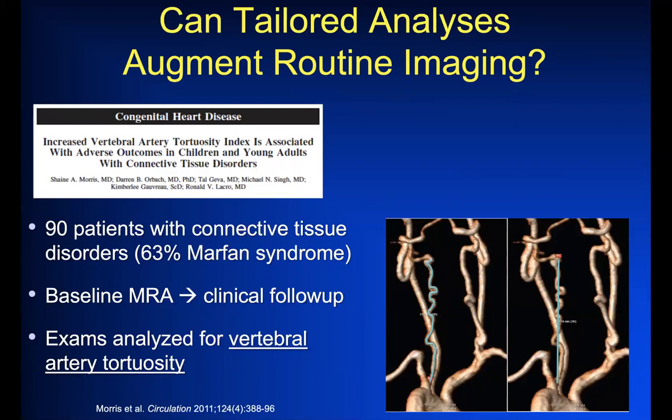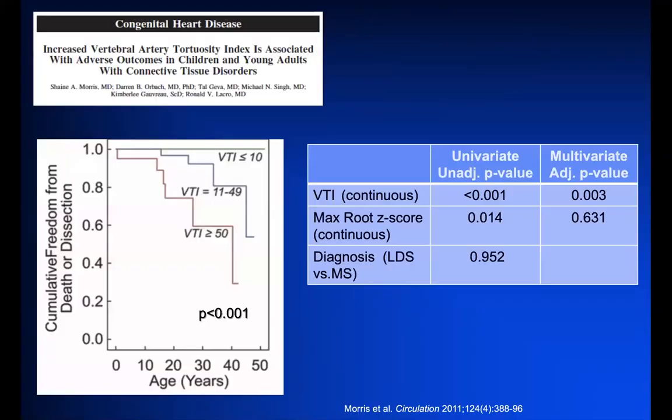Here in an initial proof of concept study, the Morris lab looked at 90 patients with connective tissue disorders, 2/3 of whom had Marfan syndrome, did a baseline MRA prior to follow-up, and analyzed exams for vertebral tortuosity, as you can see here, tortuousness, geometric distortion of the course of the branch vessels.